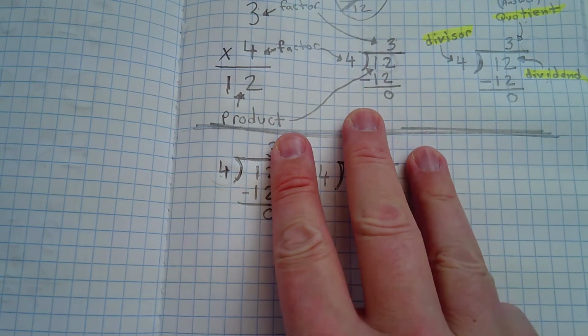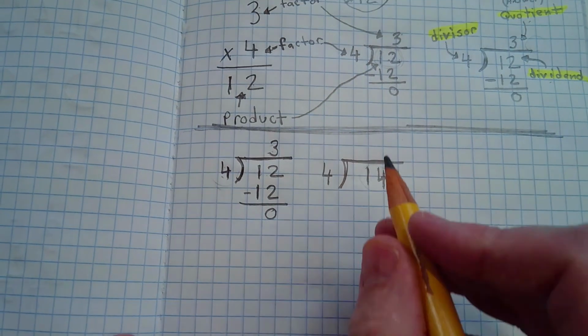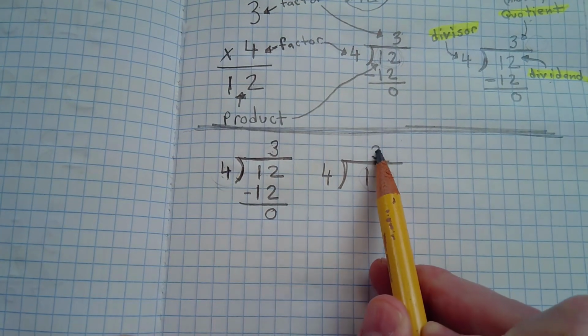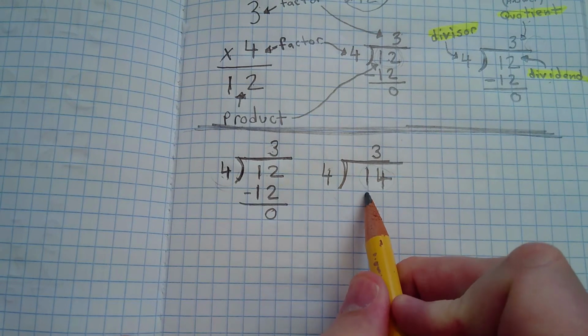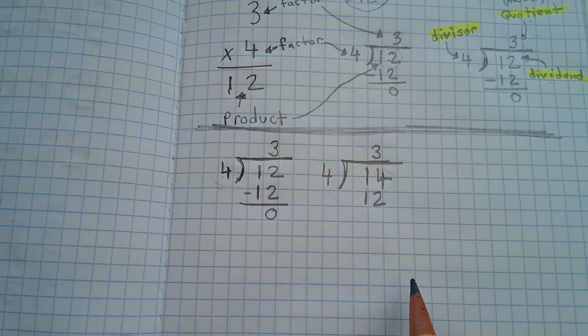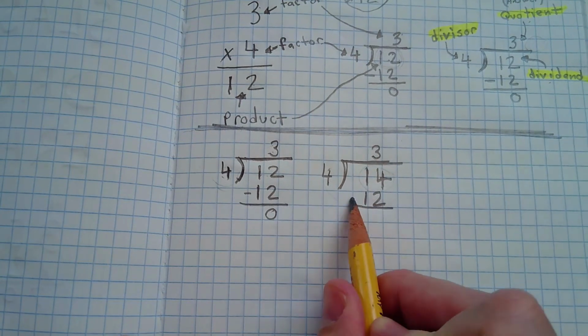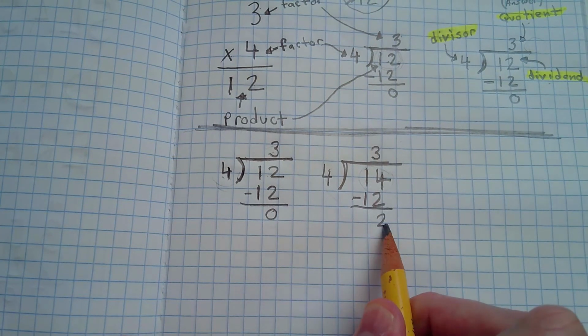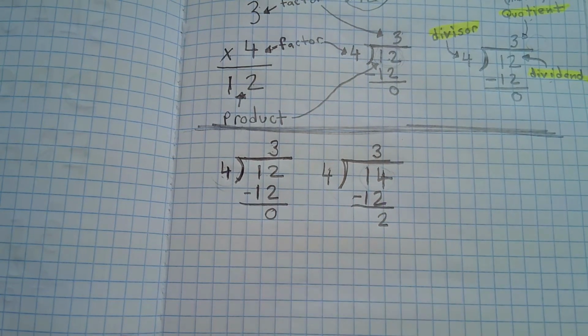That's too much, so that leaves us with 3. So I put the 3 up top, just like before. But this time, 3 times 4 is 12. And now you see what's going to happen. If I subtract these two, 14 take away 12 is 2. And so I've got 2 left over, nothing else to do.